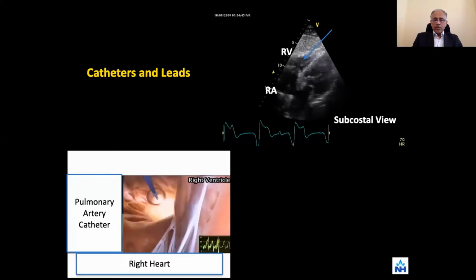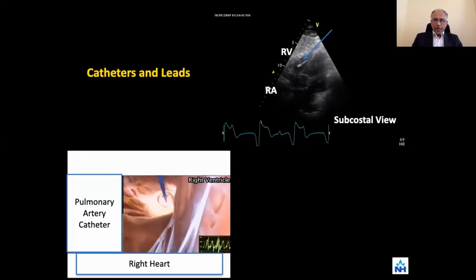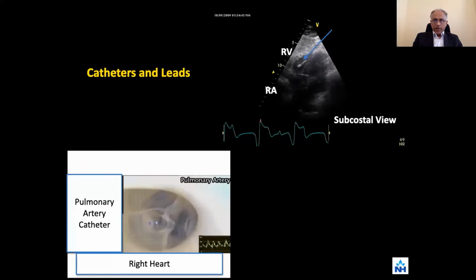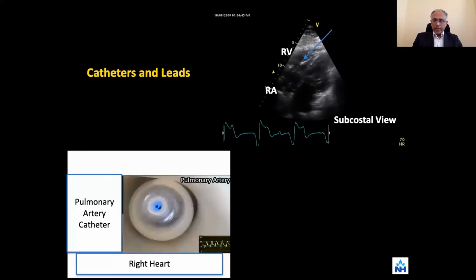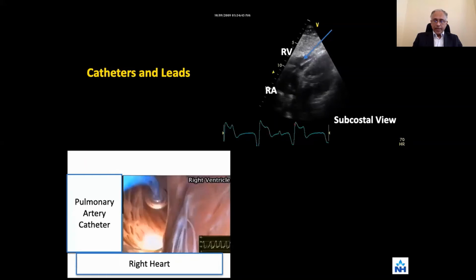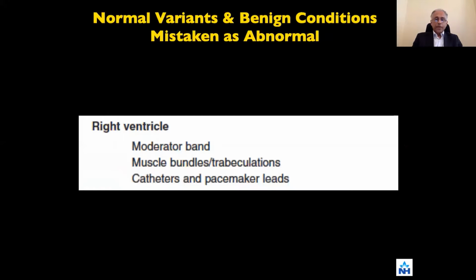This also can be visualized within the right ventricle, and it goes into the right ventricular outflow tract across the pulmonary valve. So the pulmonary artery catheter is another structure which you should be careful about when you are seeing something like that in the right ventricle. So the right ventricle has the moderator band, muscle bundles, trabeculations, and then you have the catheters and the pacemaker leads.